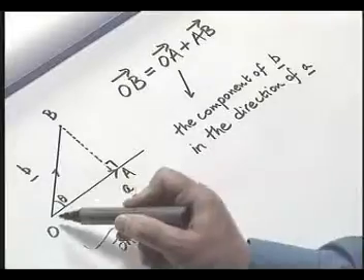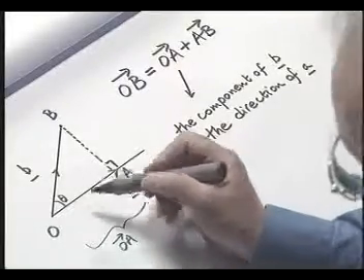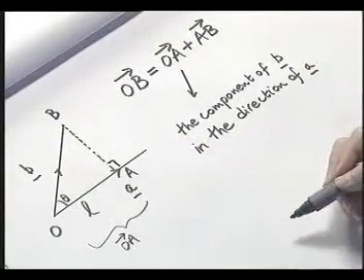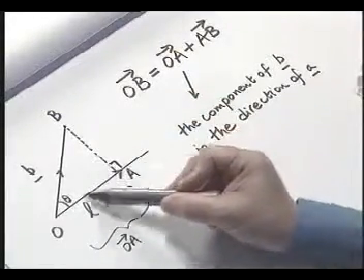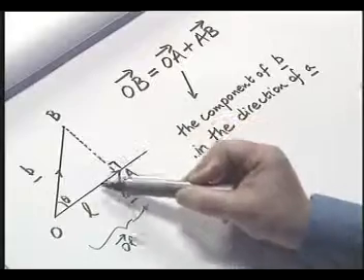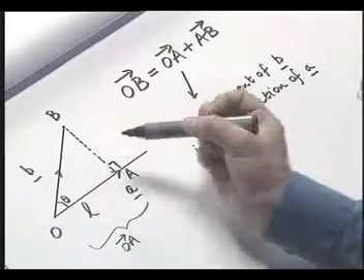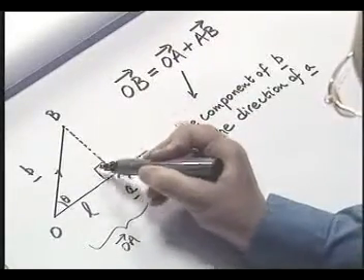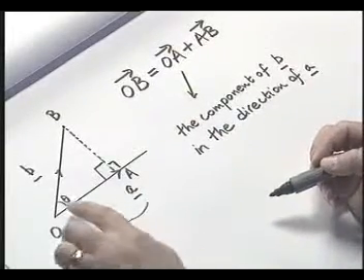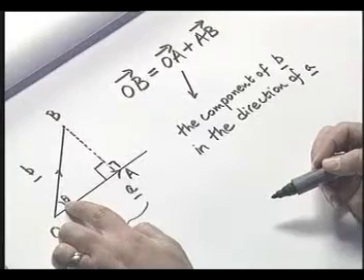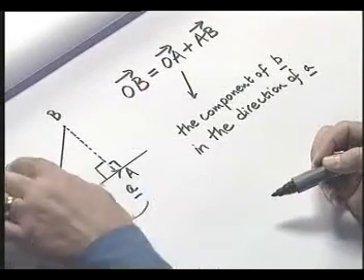Let's call this length here, the length from O to A, little l. And then let's focus our attention on this right-angled triangle OBA. So there's a right angle in there. Now, using our knowledge of trigonometry, the cosine of this angle is adjacent over hypotenuse.